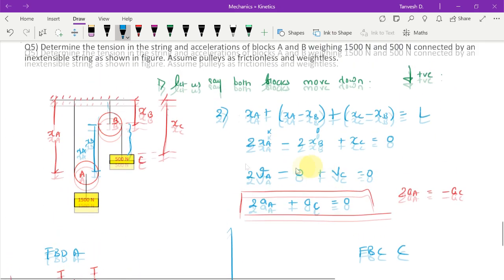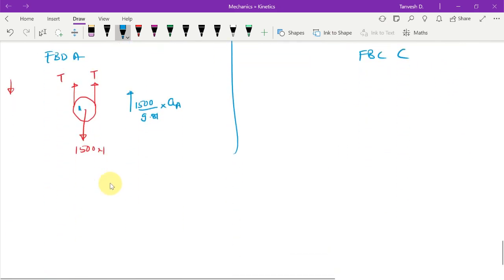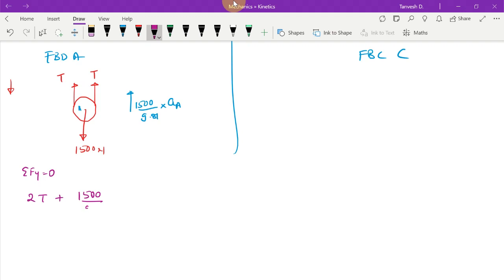See, now the acceleration is not the same for both of them. We need to consider the individual acceleration here. Okay, so any other forces there? No. We'll take summation Fy equals to 0. So we'll get 2 times T plus 1500 divided by 9.81 times aA equals 1500. This is one equation that we get here.